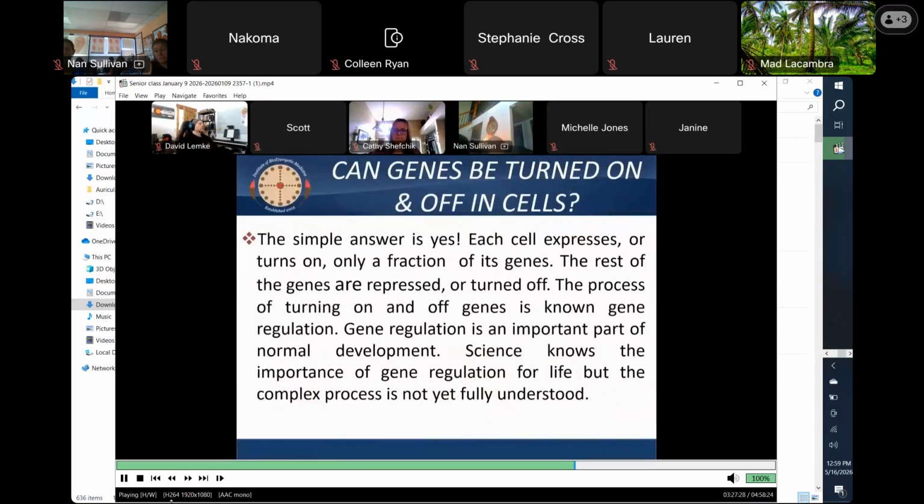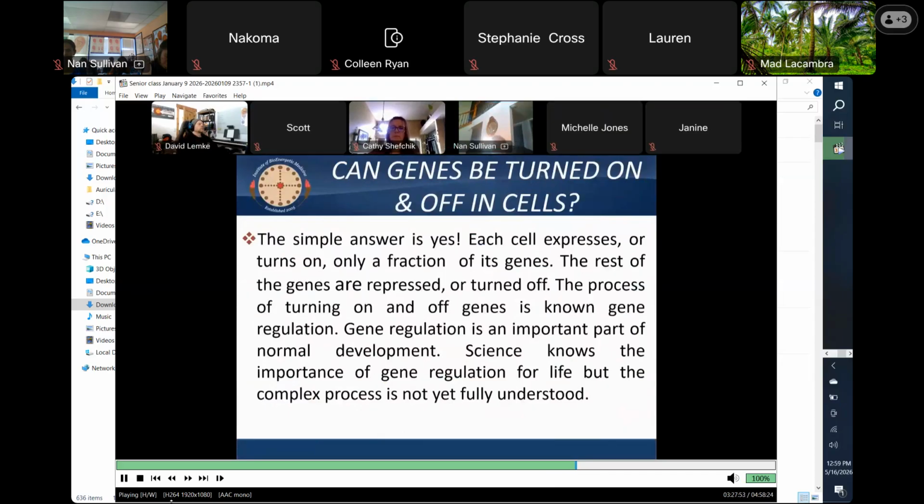Can genes be turned on and off in the cells? The simple answer is yes. Each cell expresses, or turns on, only a fraction of its genes. The rest of the genes are repressed, or turned off.